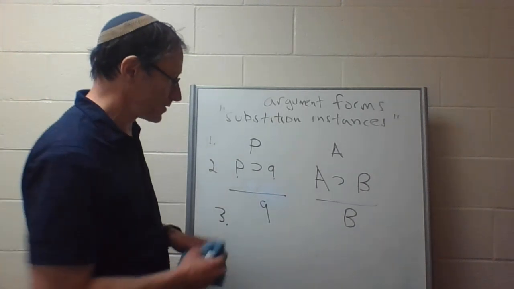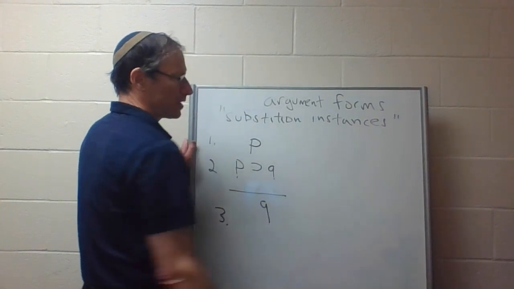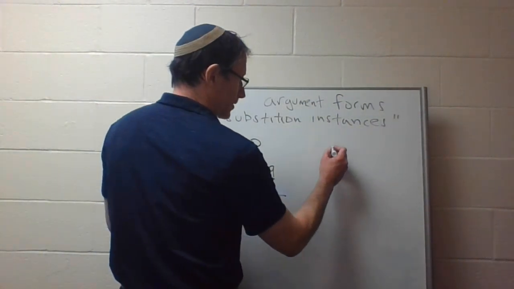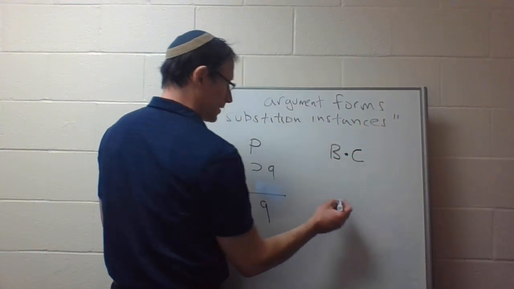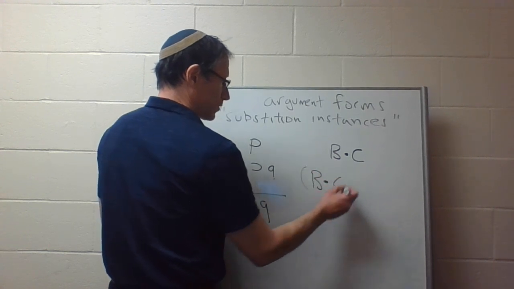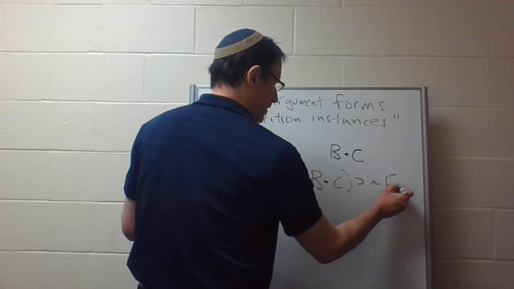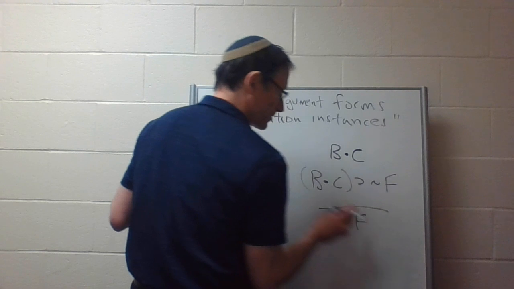So for example, here's another substitution instance of this argument form. It could be a little more complicated. I could have B dot C, and then I could have B dot C horseshoe not F, and then I have, let's suppose, not F. So here's a little argument.